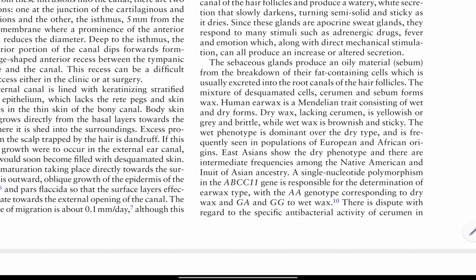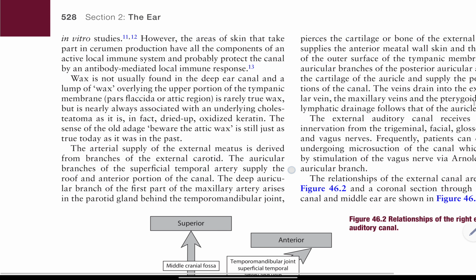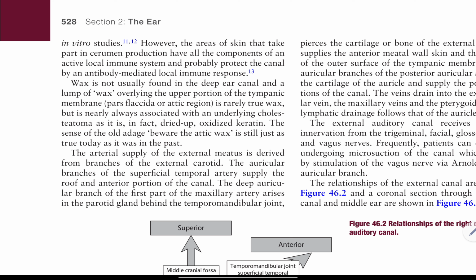There is disagreement with regard to specific antibacterial activity of cerumen in in vitro studies. However, the areas of skin that take part in cerumen production have all components of an active local immune system and probably protect the canal by an antibody-mediated local immune response.